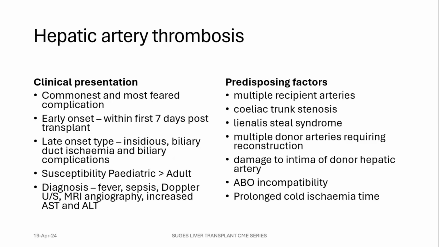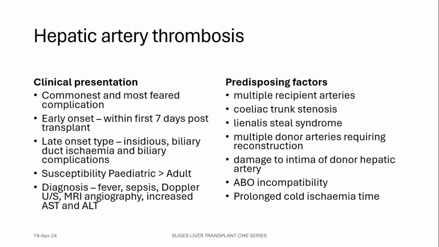How do we diagnose it? The patients who present may get fever and sepsis, mainly because with hepatic artery thrombosis you have reduced blood flow to the liver, which can end up causing infarcts in the liver, and these may eventually cause features of sepsis, like fever. We diagnose it also by imaging.